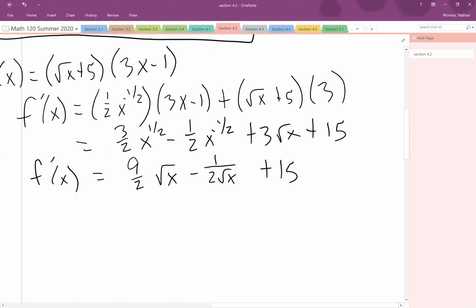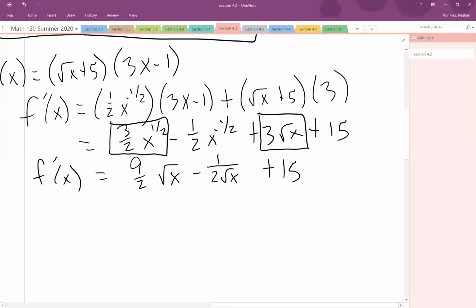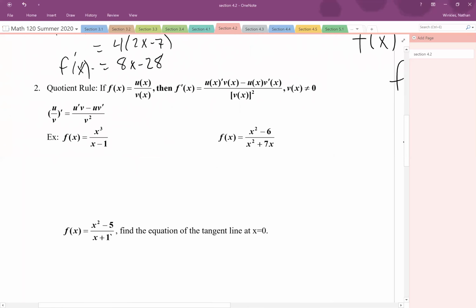And to get that, I combined this term and this term because they're the same, and then I took that x to the negative 1/2 and converted it down and below. So all of that was for our product rule.